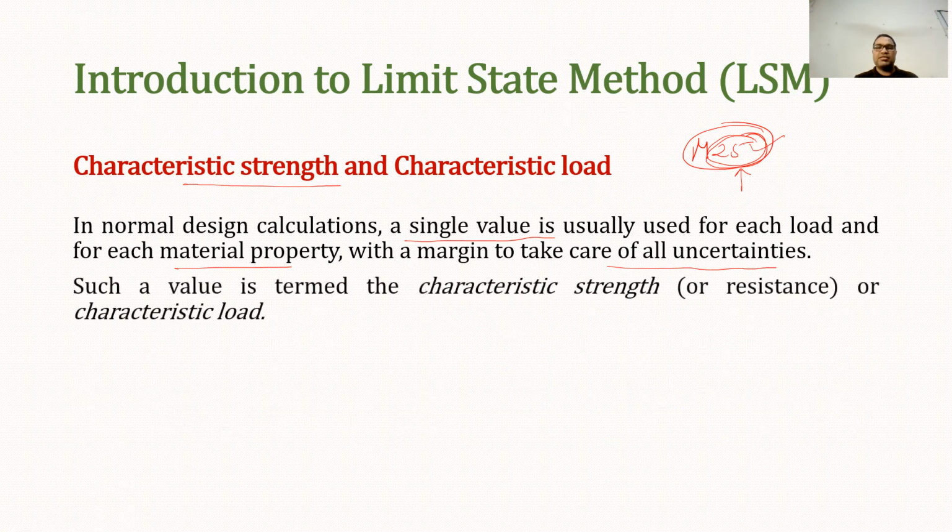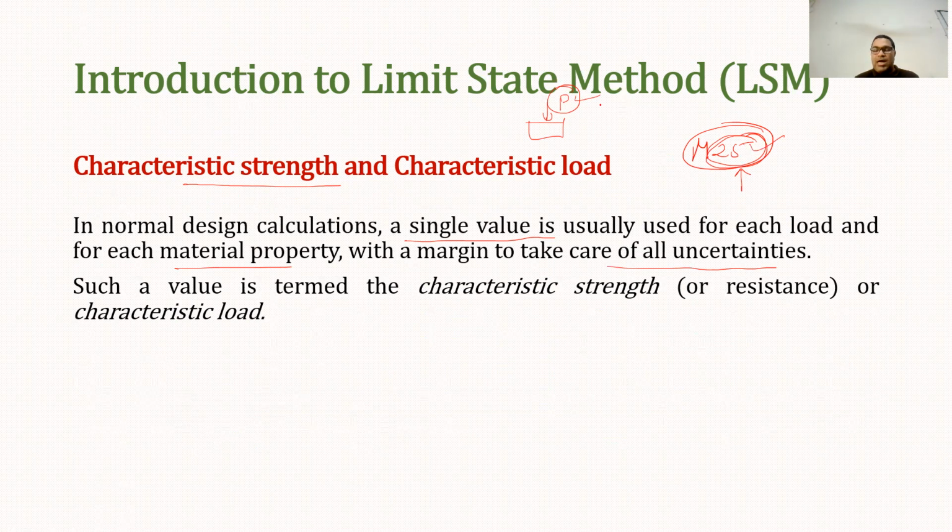So what is characteristic strength? We will see that. Generally, in the normal design calculation, we use a single value for each load. For example, if we consider that on building A, only load P intensity will be there, well, it may not be true. Today it is P. Next day it may be less than P, or it may be more than P. But in our design calculation, we can't consider that uncertainty.